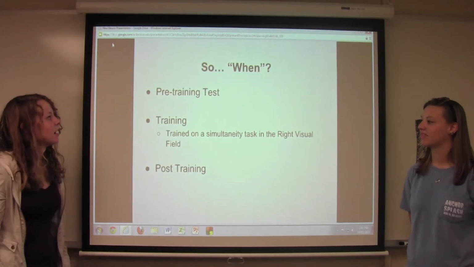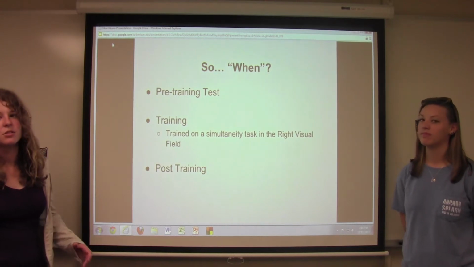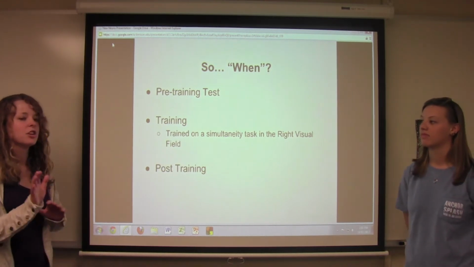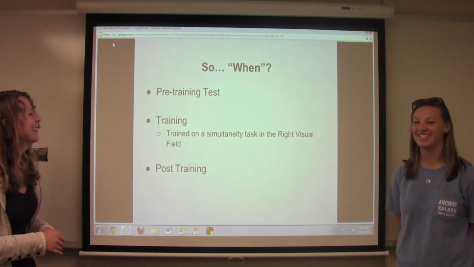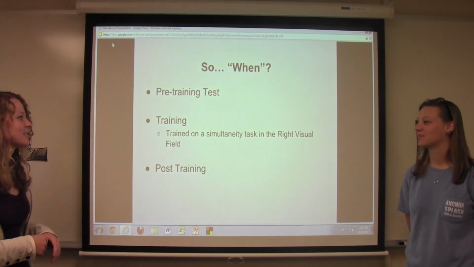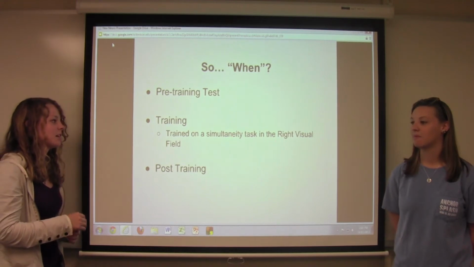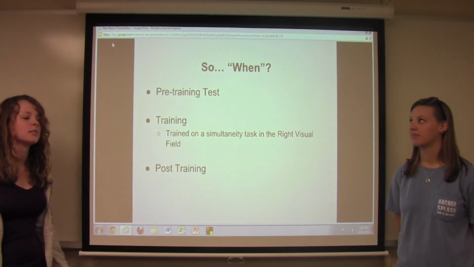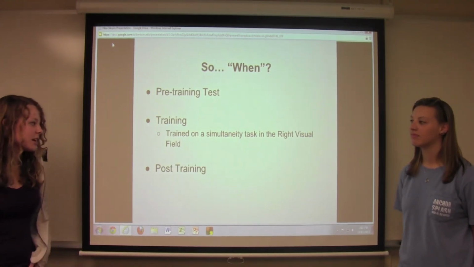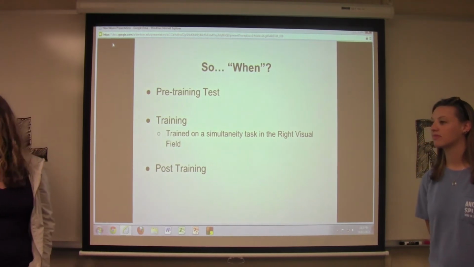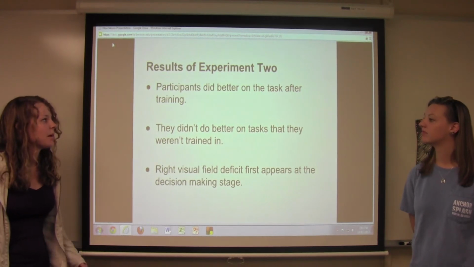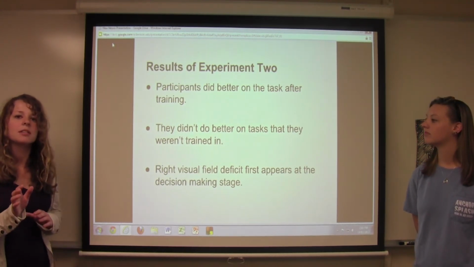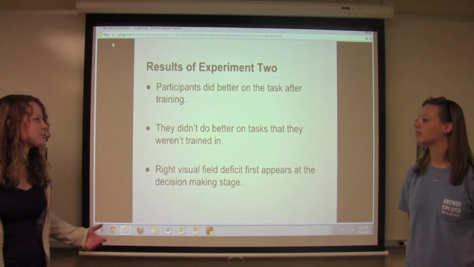To study this, researchers had participants do a pre-training test on judging whether stimuli are simultaneous or not. Then they trained the subjects in the simultaneity task in the right visual field, and then they did a post-training test to see whether the participants improved at all. And what they found was the participants did better on judging whether things happen at the same time or at different times after training.